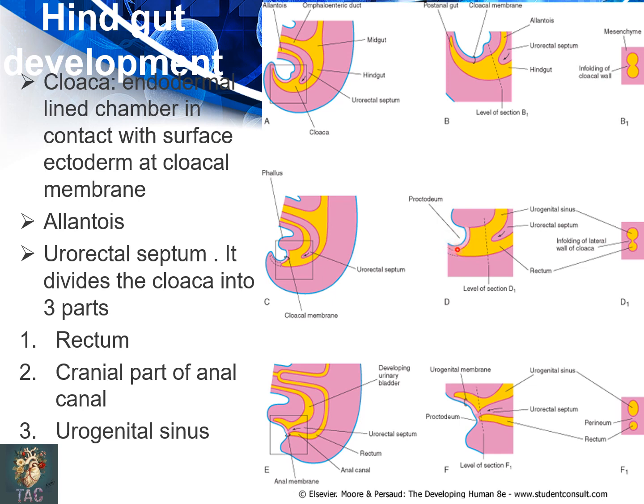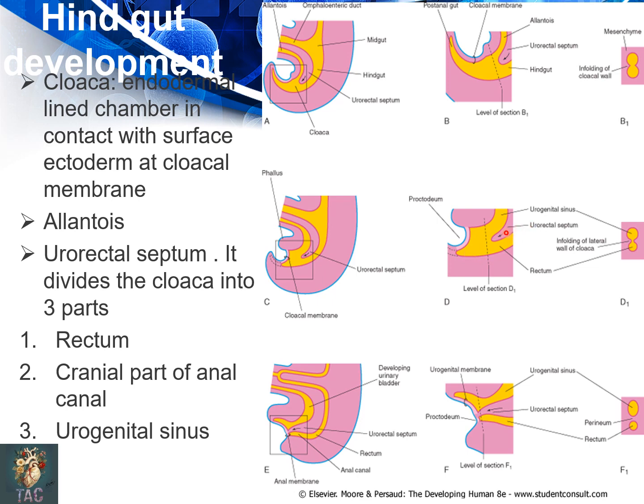So initially there is a membrane, and this membrane disappears because of apoptotic cell death, but later on there is epithelial proliferation in this area, which will again occlude the lumen, and when this epithelial plug disappears, a connection will be formed between the cloaca and the outer side.